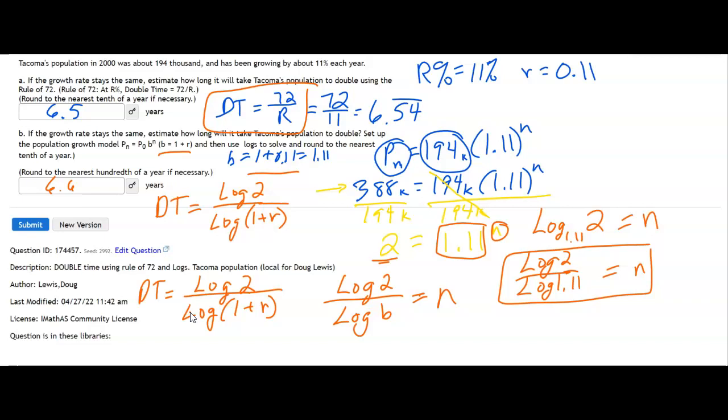Big R doesn't change to a decimal version, little r does. So there are the two formulas we could use for this. That formula for doubling and this formula for doubling. Either one, it depends on what you're being asked.